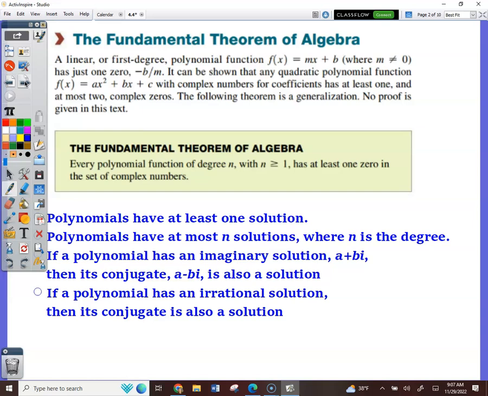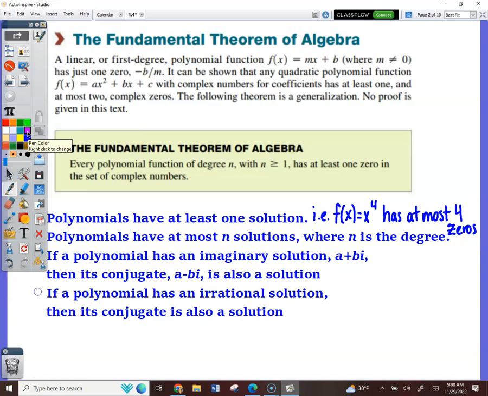So, for example, f of x equals, let's say, x to the 4th. That polynomial has how many possible solutions? 4. So I'm going to say it has at most 4 zeros. We really need to start using the word zeros instead of solutions, I guess. But you already know that.